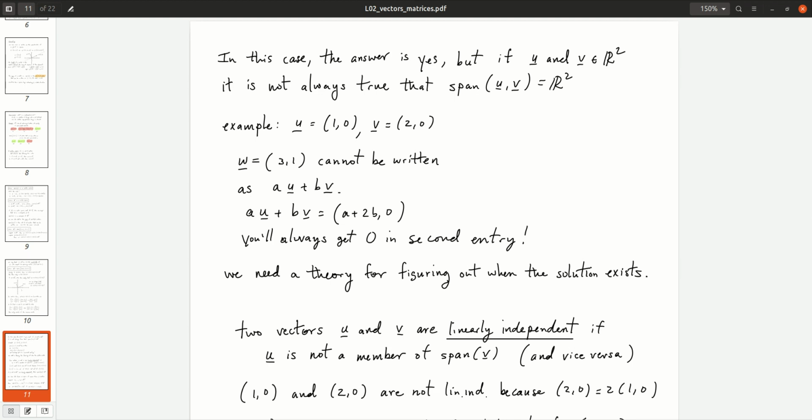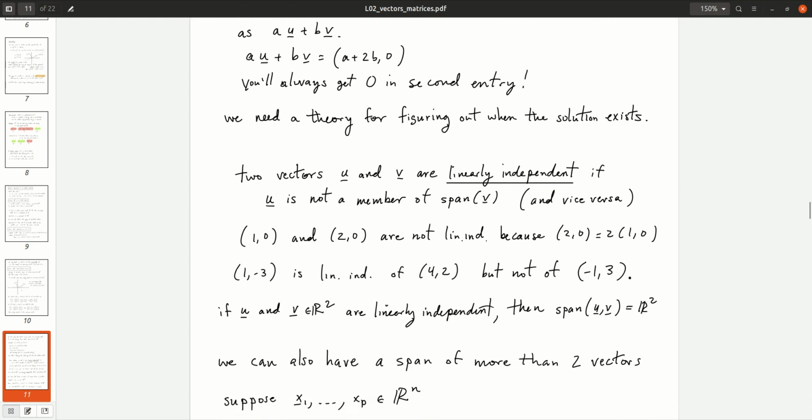So this is a little bit of a hint that we're going to need a more robust theory for figuring out when the span of a set of vectors is the same thing as Rn.